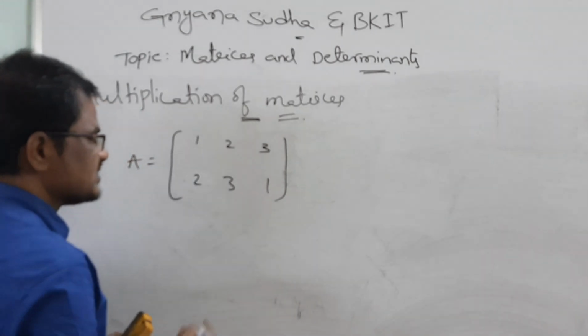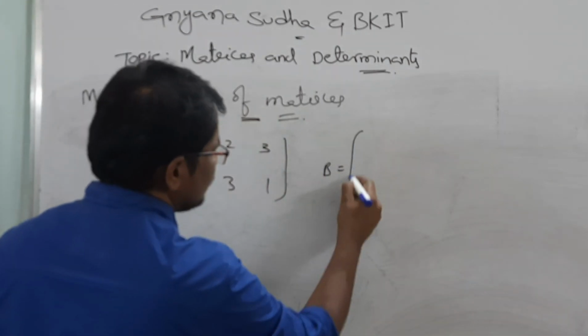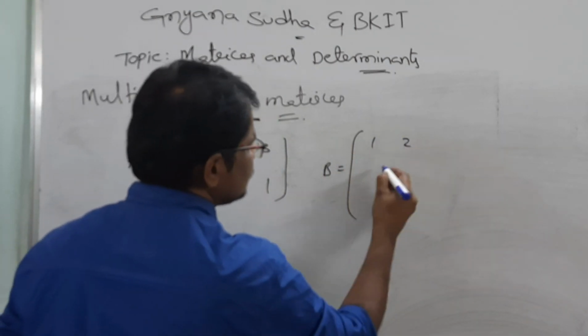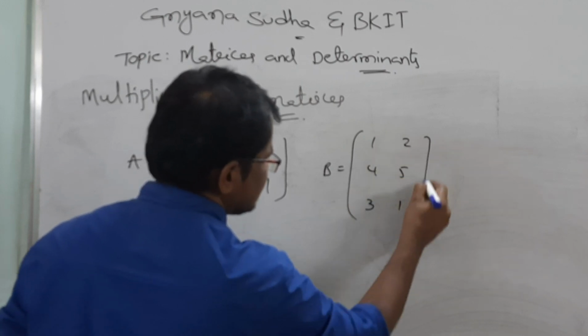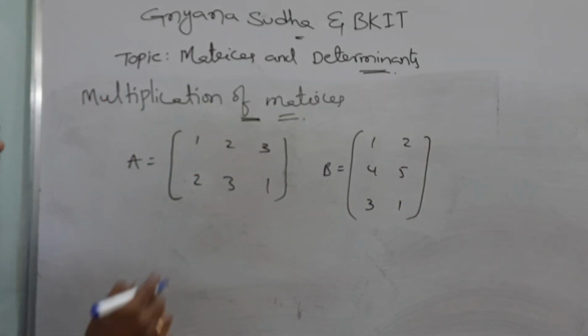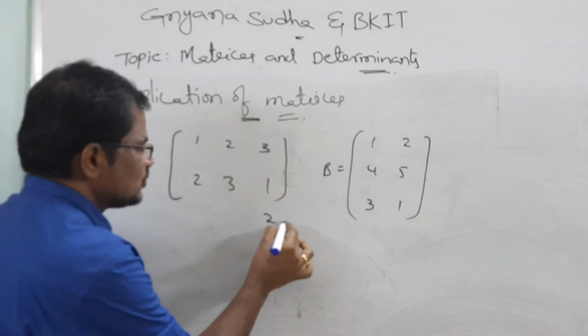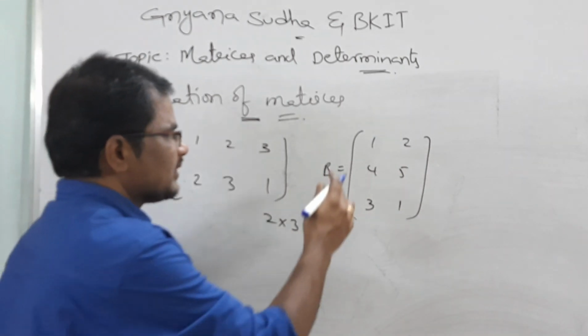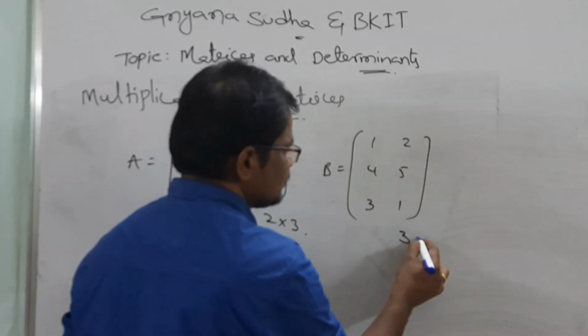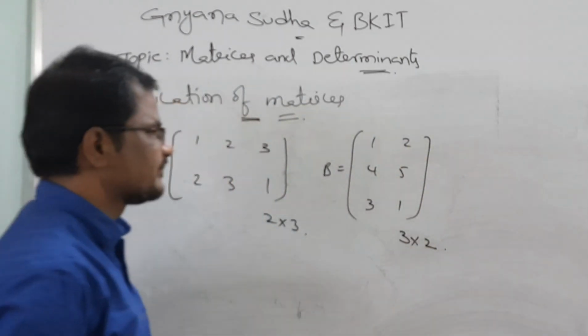And B equal to 1, 2, 4, 5 and 3, 1. So A has 2 rows, 3 columns, and B has 3 rows, 2 columns.